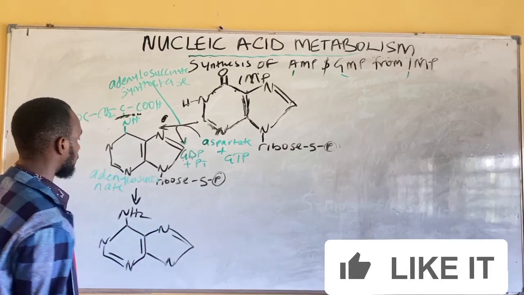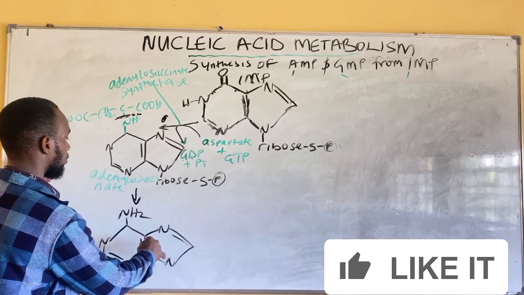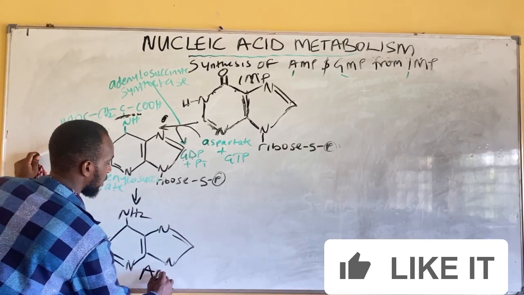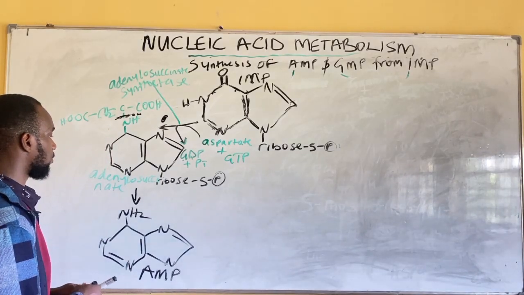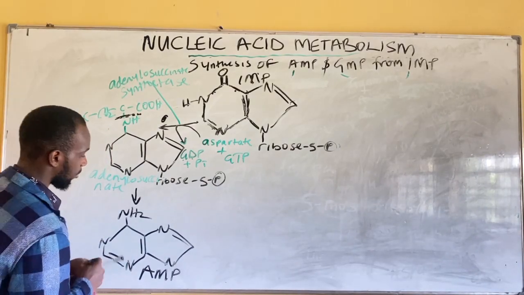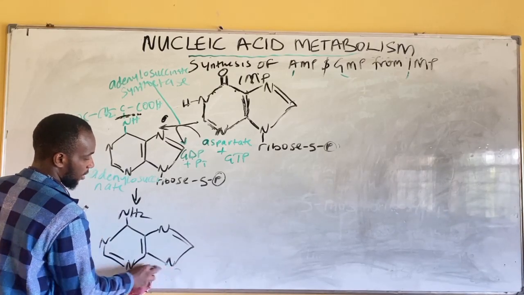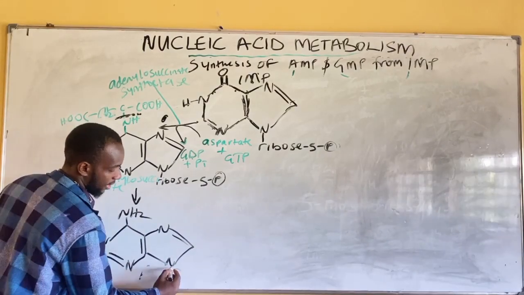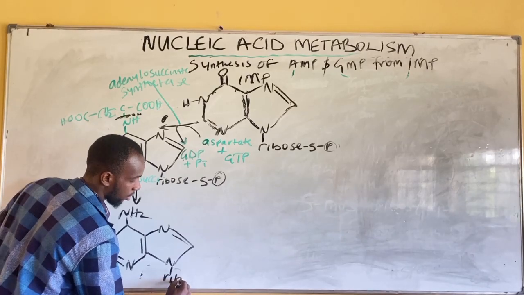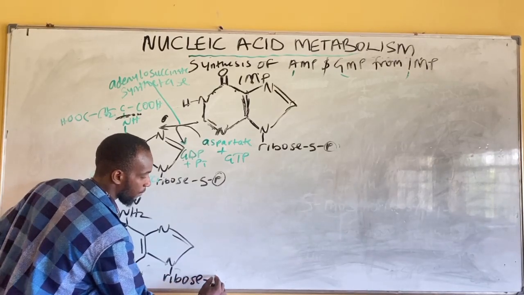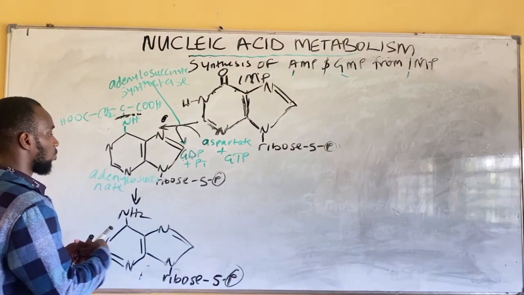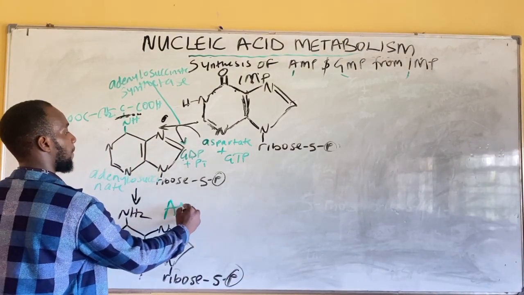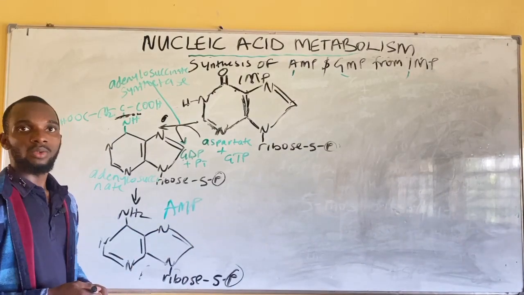So this here now is AMP, adenosine monophosphate. Remember there's a ribose 5-phosphate here. So this whole thing is AMP.